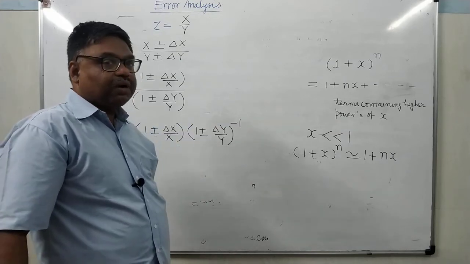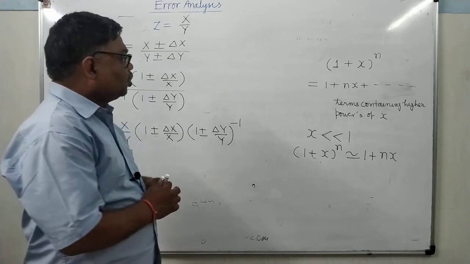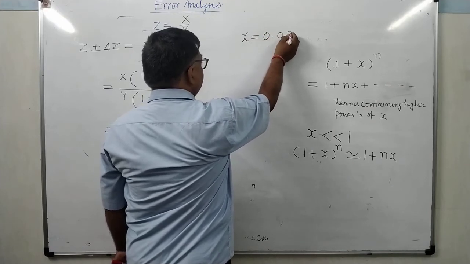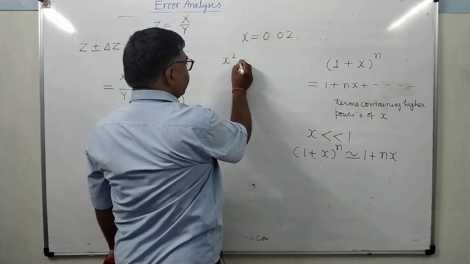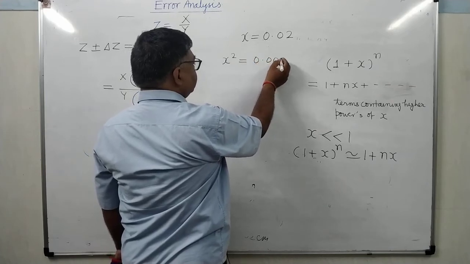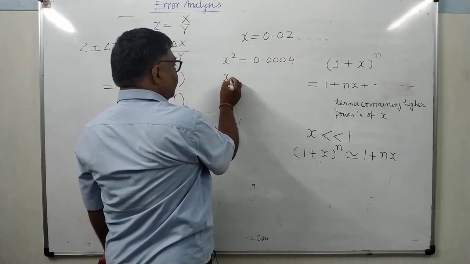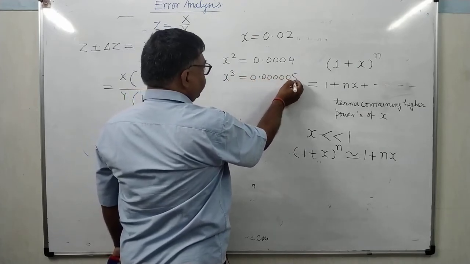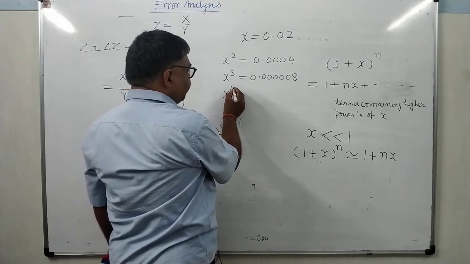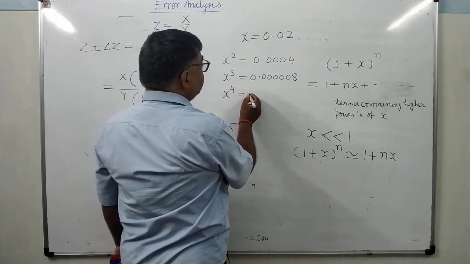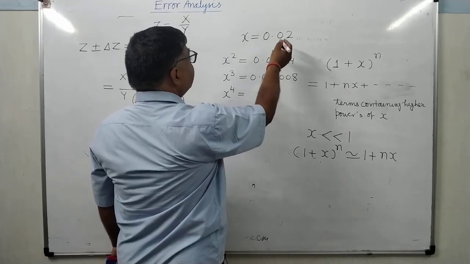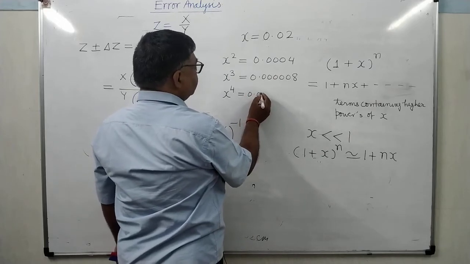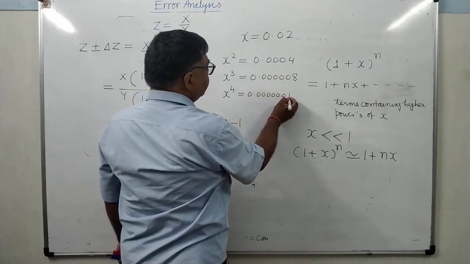When x is much smaller than 1, suppose you have taken x equals 0.02. Now you find x square, it will become 0.0004. If you find x cube, it will become 0.000008. If you find x to the power 4, it will become 0.00000016.